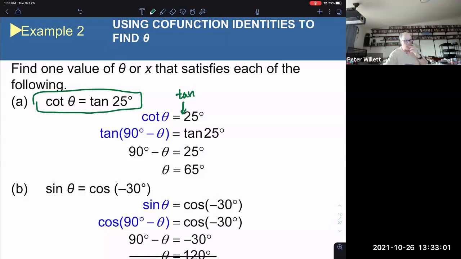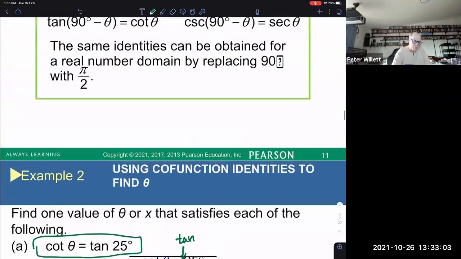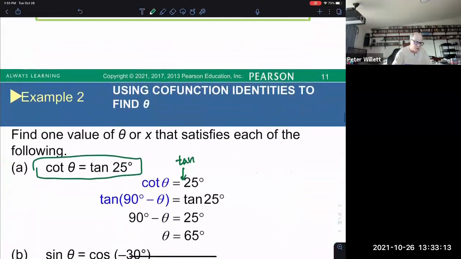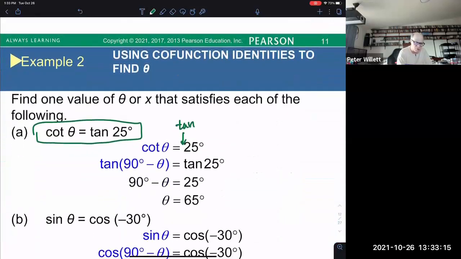But one of our formulas from above is that cotangent of theta can be replaced with tangent of 90 minus theta. So they use that to replace this cotangent of theta with tangent of 90 minus theta. And the reason they did that is now both the left and the right hand side have a tangent.